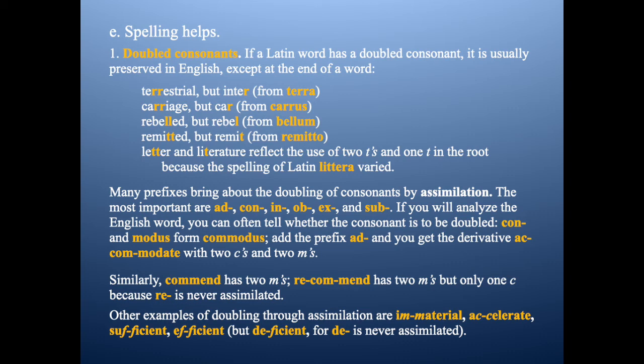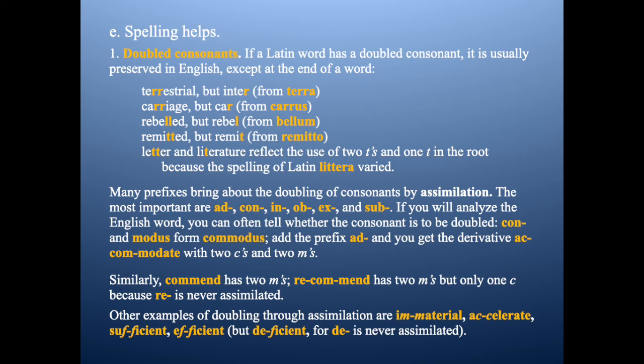On the last line, sub plus fictio, those two, the B and the F, have to assimilate to give us the double F in sufficient. Ex plus fictio, they have to assimilate and become efficient, the double F. And then we have de plus fictio, okay? And the de assimilates. Oh, wait a minute.